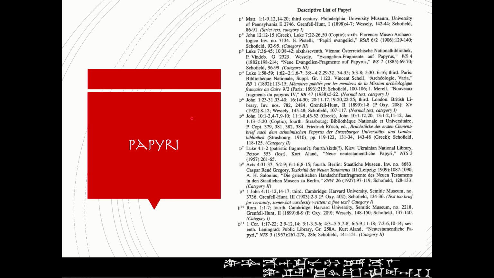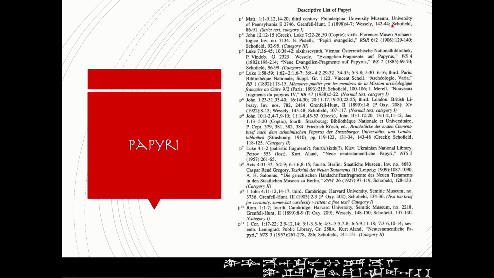In his descriptive list of the papyri, he has the papyri listed P1, P2, P3 in that order. And he tells you that Papyrus 1 contains Matthew 1:1 to 9, 12, 14 to 20. It's a 3rd century manuscript, and it's housed in Philadelphia in the University Museum in Pennsylvania.